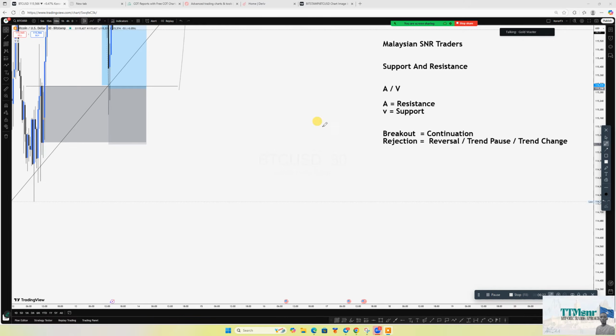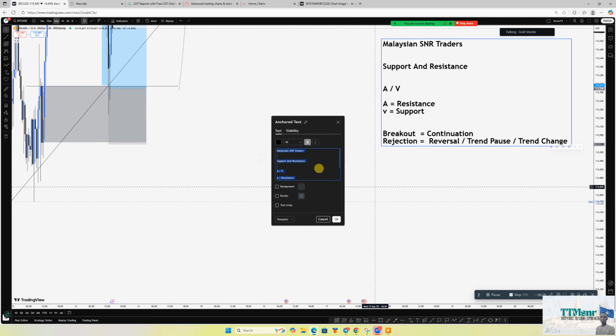Look first at any time frame of higher time frames.